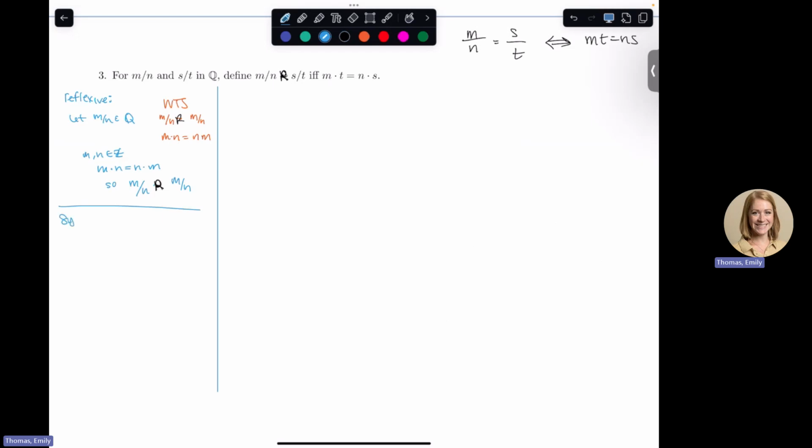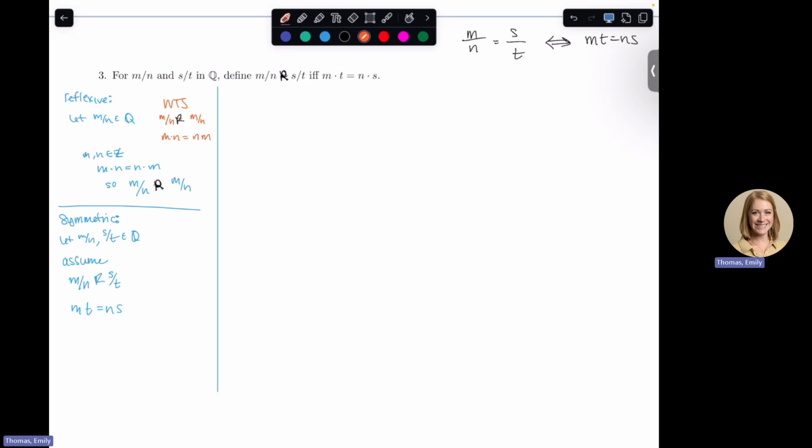How about symmetric? I want to let M, N, S, and T be in Q. I want to assume that M over N is related to S over T. That means that MT is equal to N times S under this relation.